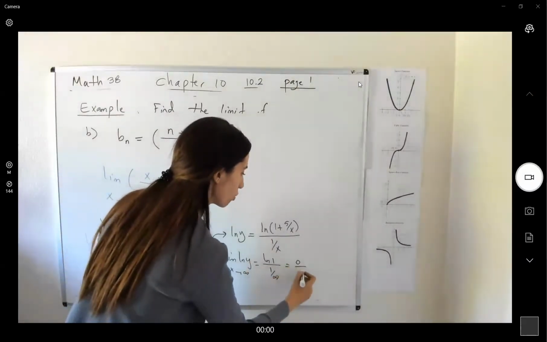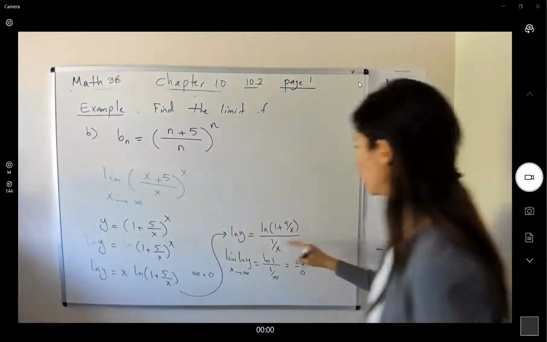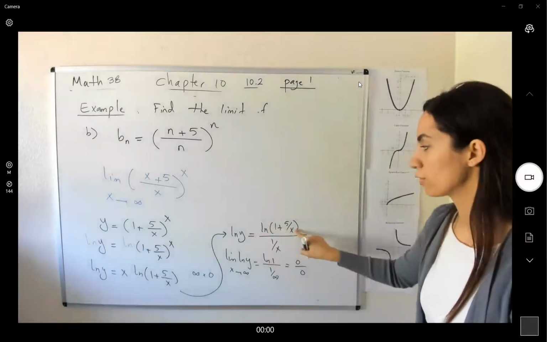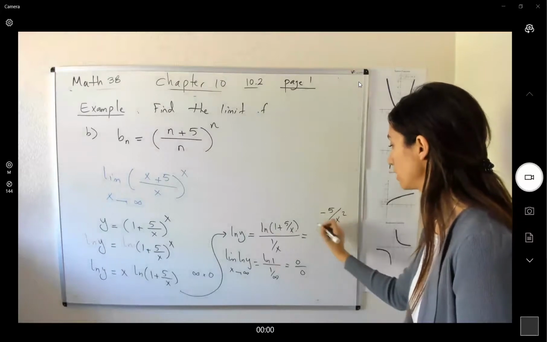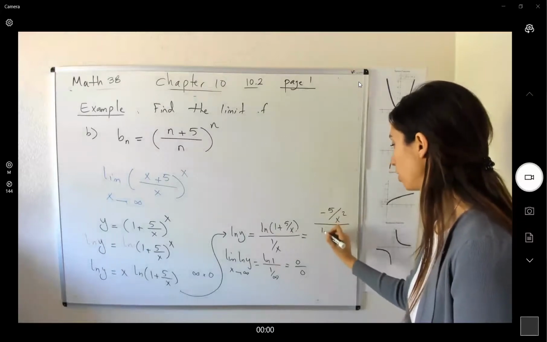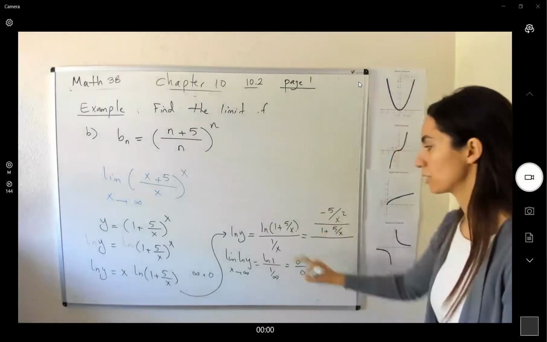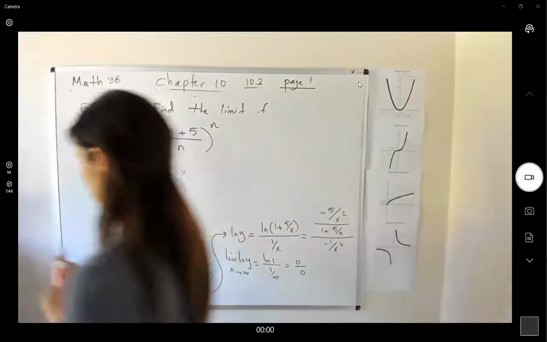So you get 0 over 0. Now you can apply L'Hopital's rule. So here you have the derivative of your ln, which is negative 5 over x squared divided by (1 plus 5 over x). The whole thing is divided by negative 1 over x squared.